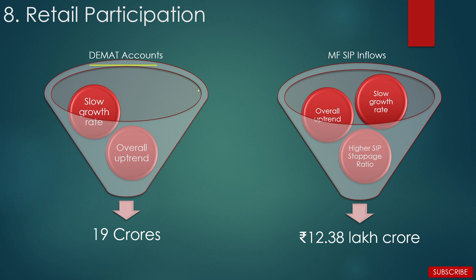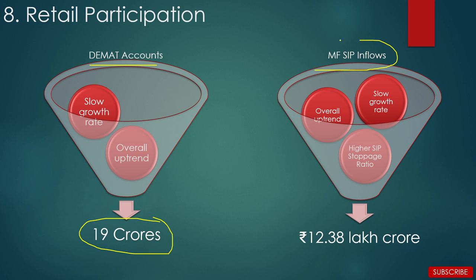Demat accounts. So the total Demat accounts crossed 19 crores, and the overall number of Demat accounts continued to increase, but the growth rate saw a significant deceleration, especially in the second half of the financial year.